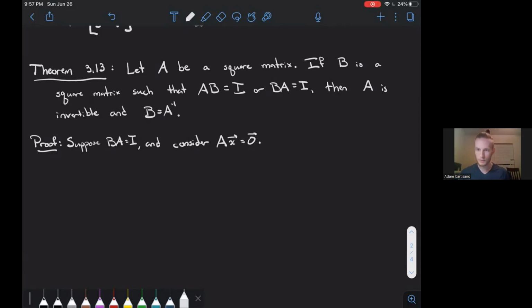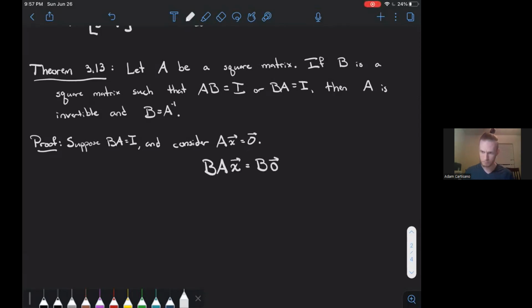Well, just multiply both sides of this equation on the left by B. That's a matrix equation, right? It's a product of a matrix and a vector, and it's equal to the 0 vector. We can multiply both sides by B. So BAx is equal to B times 0.